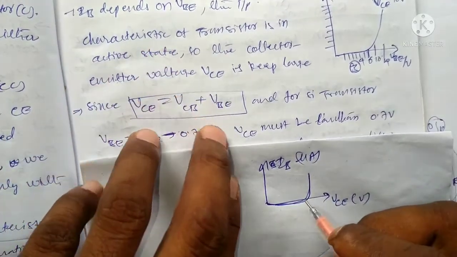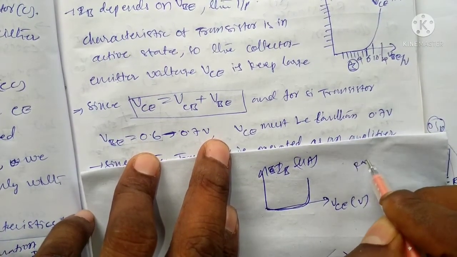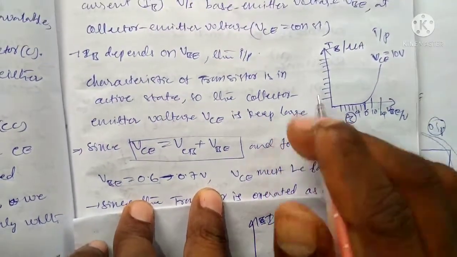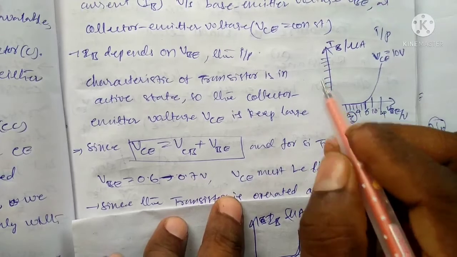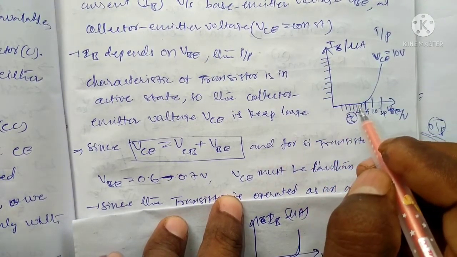The graph is like that of a forward bias, where the base current increases.